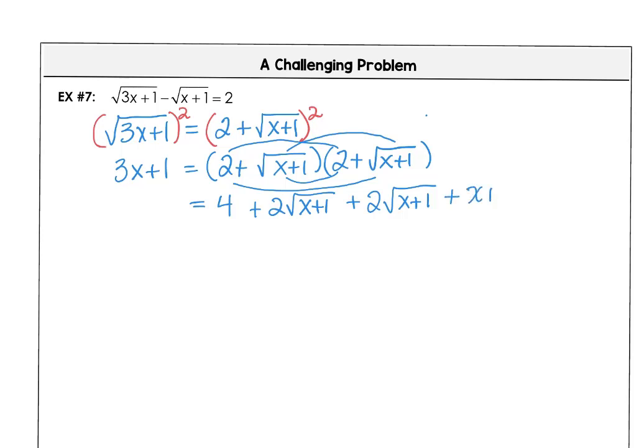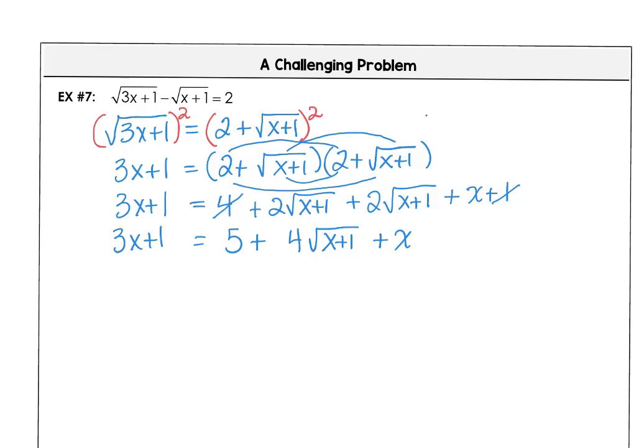So that's just going to give us x plus 1. And the 3x plus 1 on the left just stays the same. So here we have 4 and 1. That's 5. So we've got 5 plus 4 times the square root of x plus 1, and then an x.